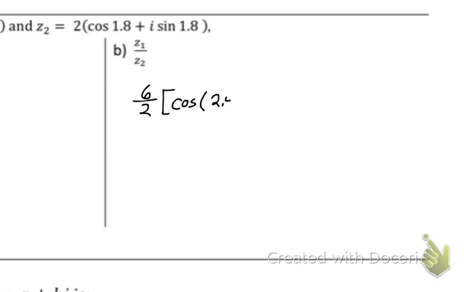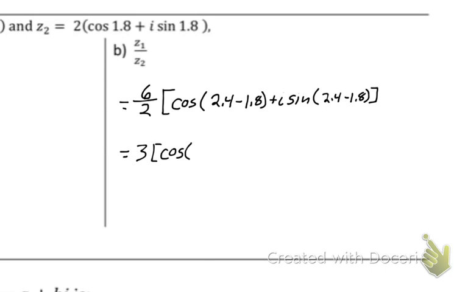So it's going to be 2.4 minus 1.8 plus I times sine of 2.4 minus 1.8. And that's just going to equal 3 times cosine of 0.6 plus I times sine of 0.6.